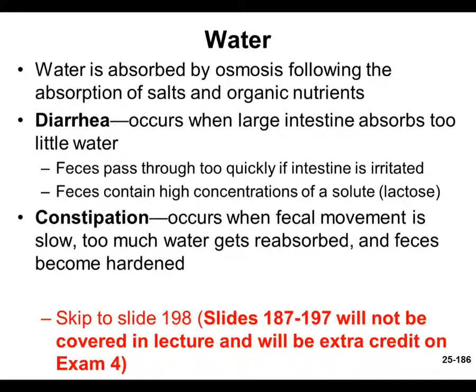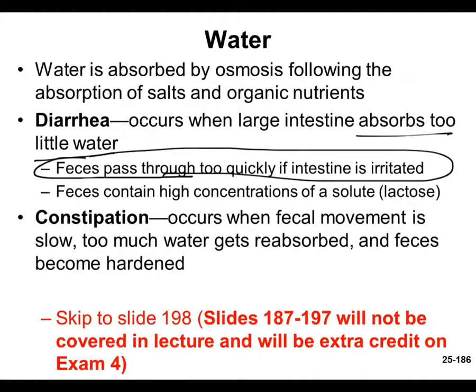Now, we want water to be absorbed at the proper level. When the large intestine absorbs too little water, remember that the large intestine is not involved with absorbing nutrients, but instead is pulling all the last little bit of water out of the feces.